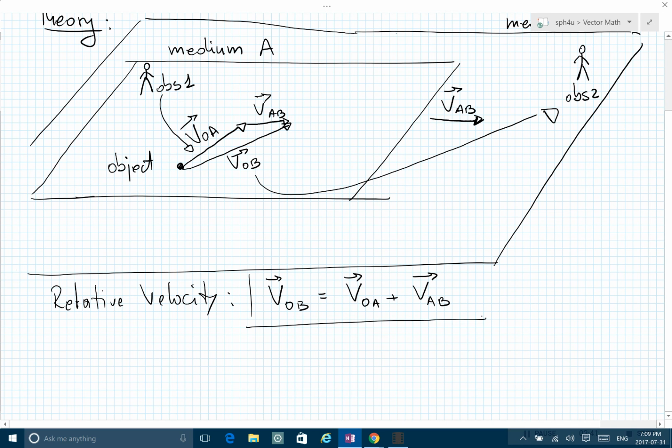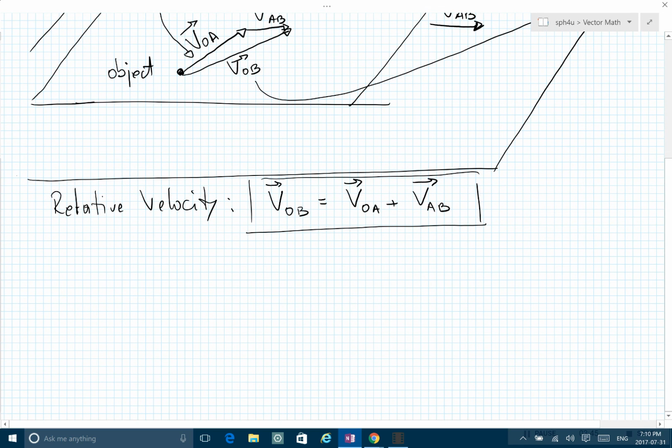So if we have, for example, air and ground, then the velocity of the object with respect to the ground is equal to the velocity of the object with respect to the air plus the velocity of the air with respect to the ground. Air, for example, is the wind, right?